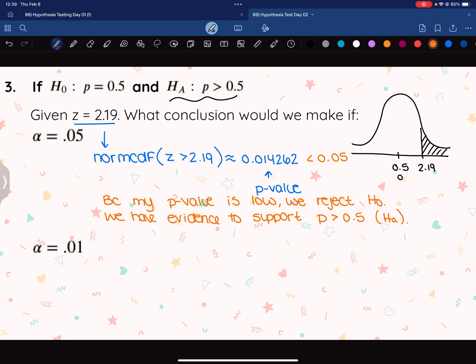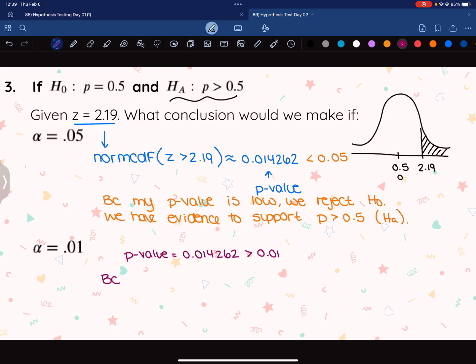If I do the same thing and compare it here, that is greater than my 0.01 alpha level.